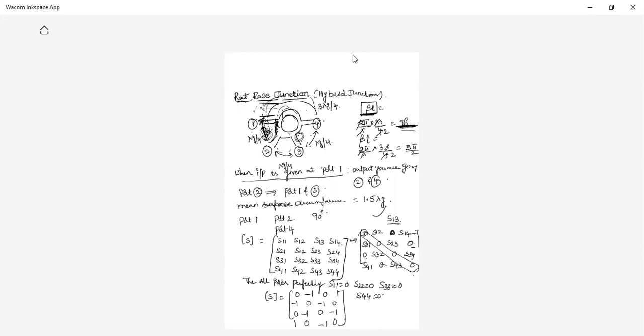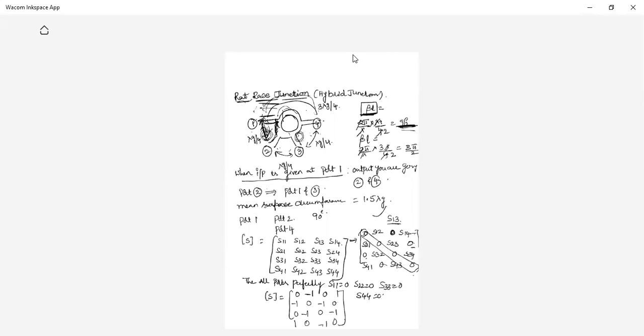If you observe, the phase difference between 1 and 2 is 90 degrees, between 2 and 3 is 90 degrees, 3 and 4 is 90 degrees, and 1 and 4 is 270 degrees. This is the rat race junction.